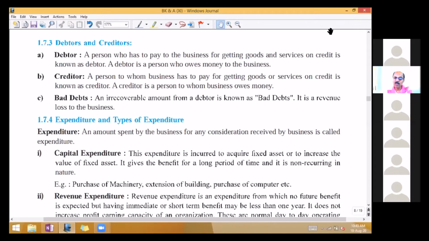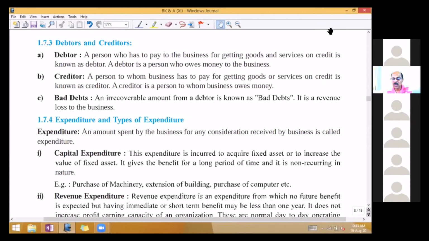Creditors are mostly suppliers in the business. As I said, you have a medical shop. The company which manufactures medicine, or the wholesale dealer who supplies you medicines and takes the money later, that person is your creditor. So a manufacturer or a wholesaler is a creditor for a retailer.